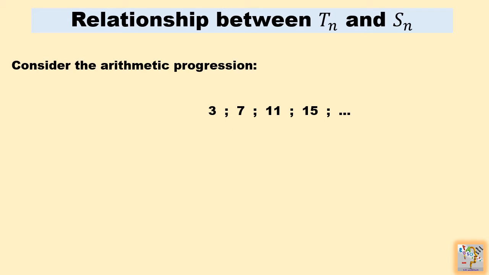Remember, 3 we call T1, 7 is T2, 11 is T3, 15 is T4, and so on, up to infinity, up to Tn. Now if we were to investigate, we must be sure that indeed this sequence is arithmetic. How are we going to do that?